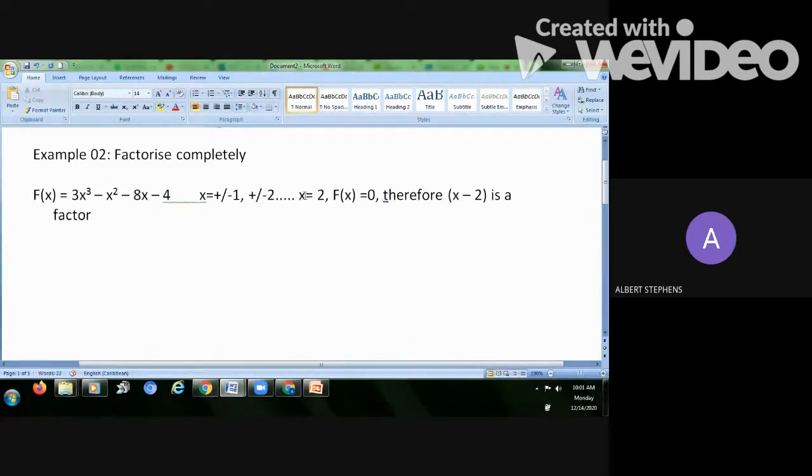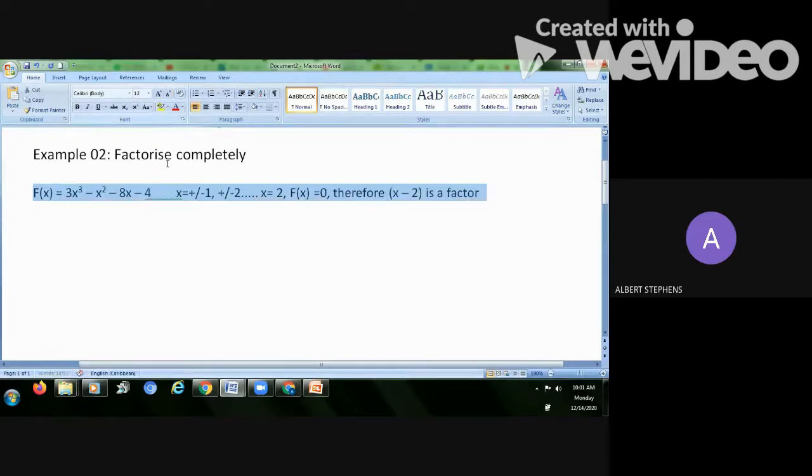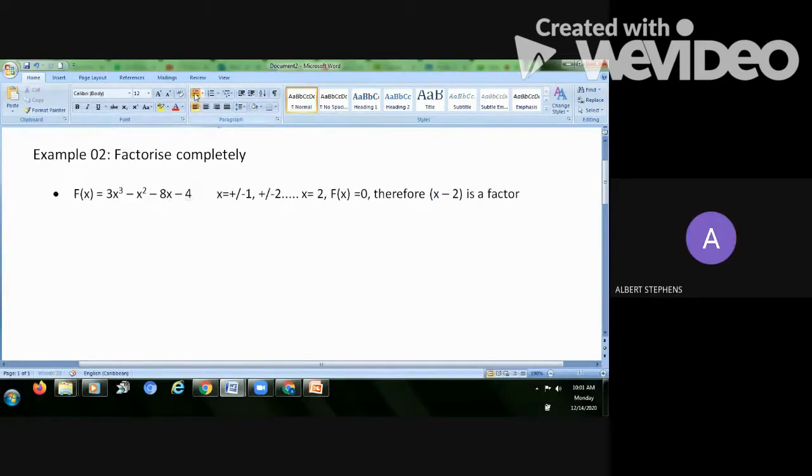That's the conclusion. So if you use x equals 2, which is a plus 2, therefore x minus 2 is a factor. Everybody follow? Yes, sir. So that is basically step 1: find the factor.